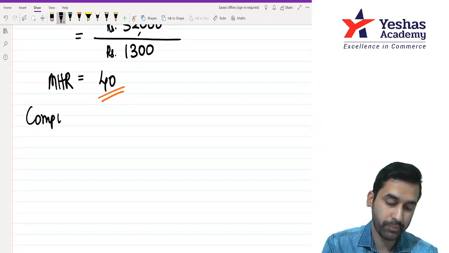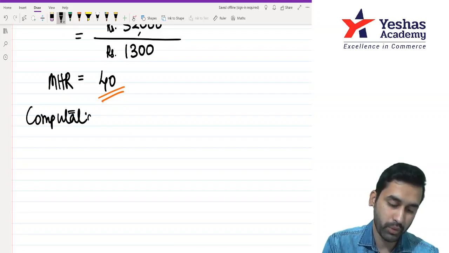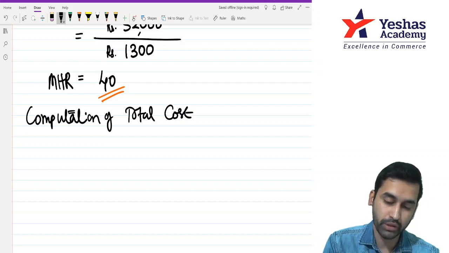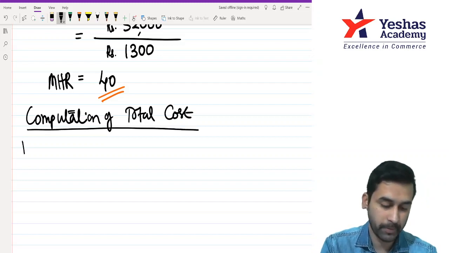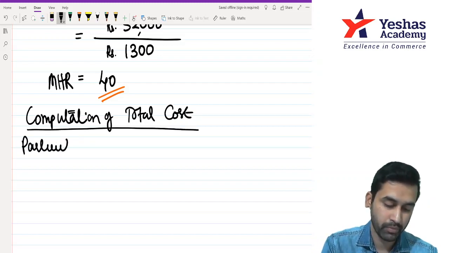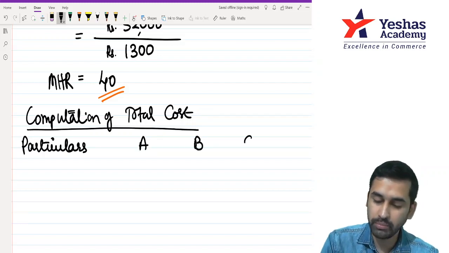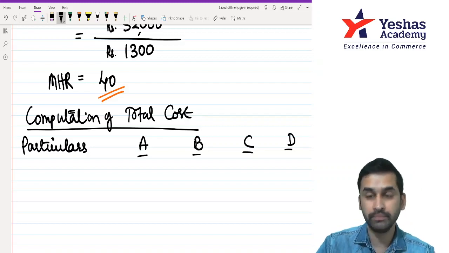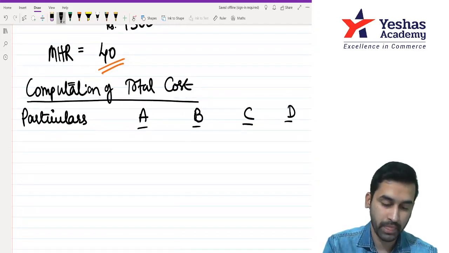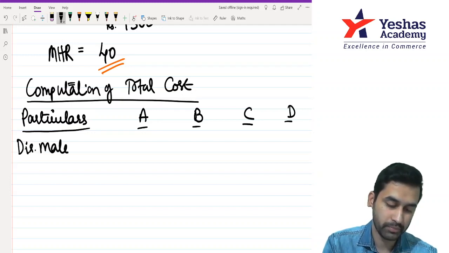Computation of total cost, because the question is not per unit cost. First column, particulars: A, B, C and D. First you need direct material.